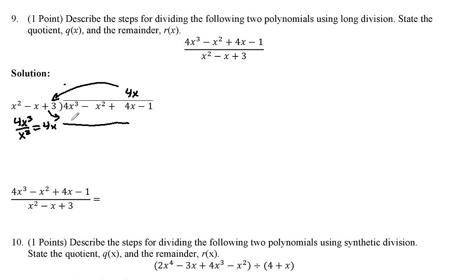So 4x times x squared is 4x cubed. 4x times negative x is minus 4x squared, and then 4x times 3 is plus 12x. And then we want to subtract that.